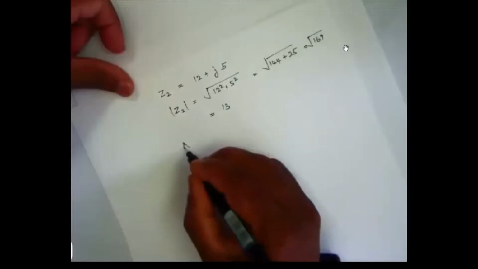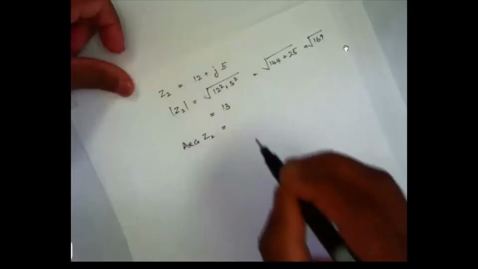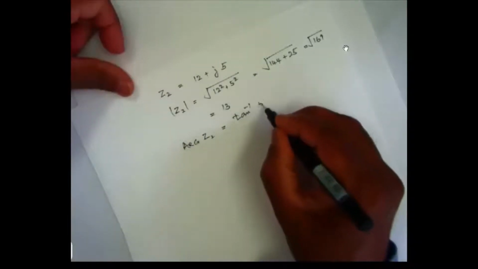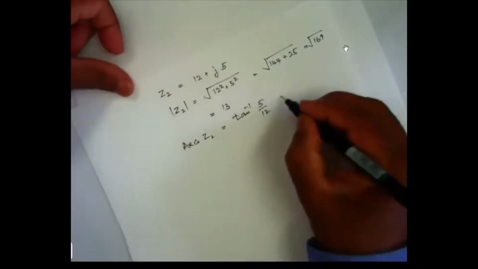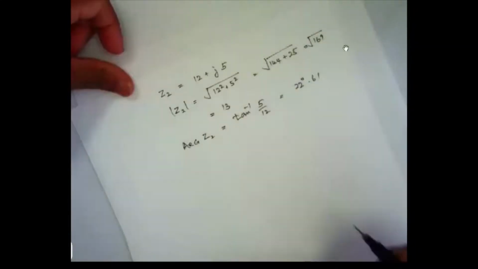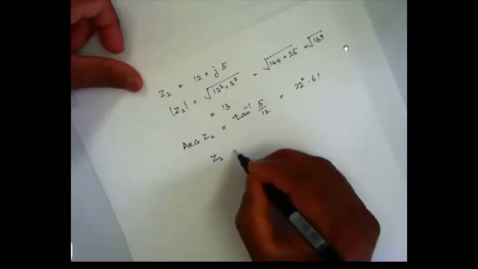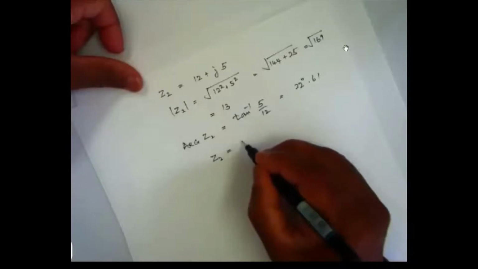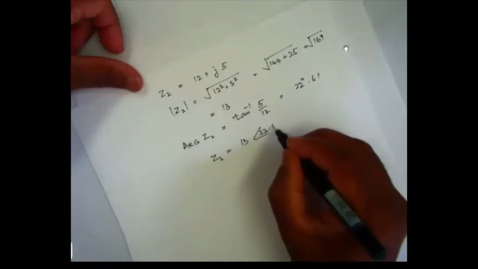And the argument of Z2 is tan inverse of 5 over 12, which is 22.61 degrees. So Z2 can be represented in polar form as 13 angle 22.61.